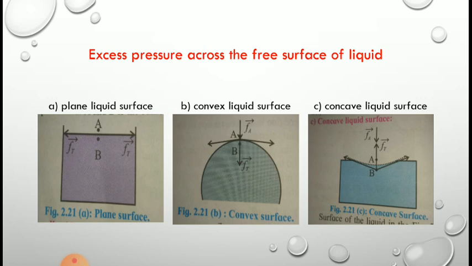In this case, the force due to surface tension represented by vector Ft on the molecule at point B is vertically upwards. The force Fa due to atmospheric pressure acts downward.